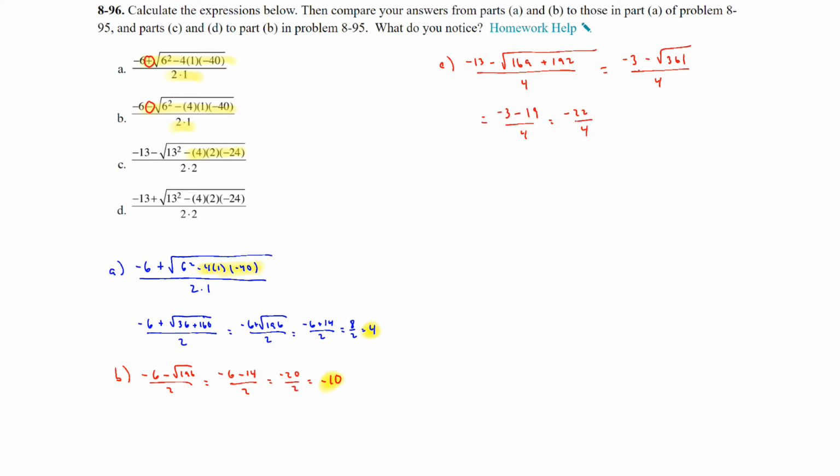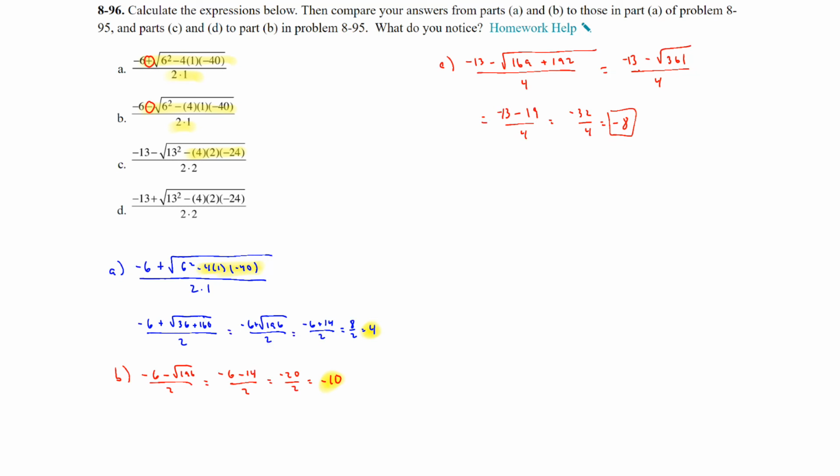I just noticed I lost a 1. It was minus 13, not 3, so negative 13 minus 19. Let's fix that. And that would be negative 32 divided by 4, which gives you negative 8.